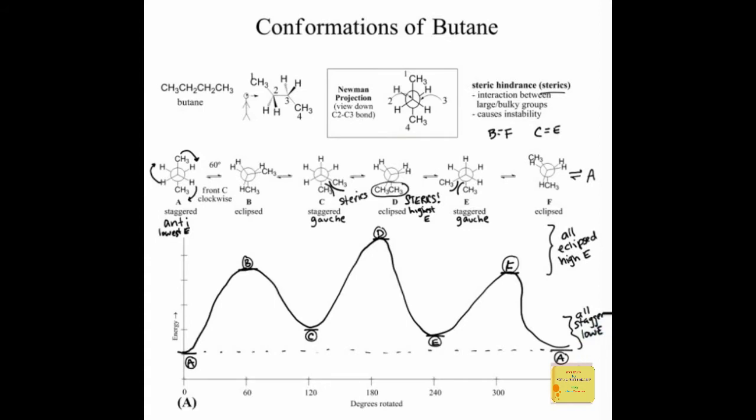So these are some things to point out. You also want to keep in mind that there's a significant difference between the eclipsed ones and the staggered ones. The difference between the various eclipsed conformations is on the order of 1 kcal, whereas the difference in energy between the worst eclipsed and the best staggered is about 5 kcal.